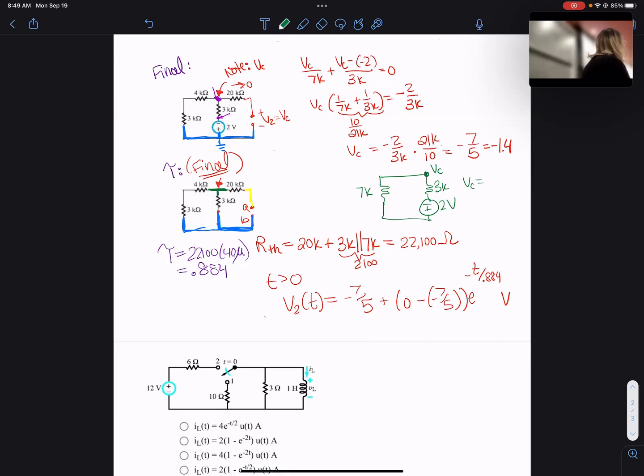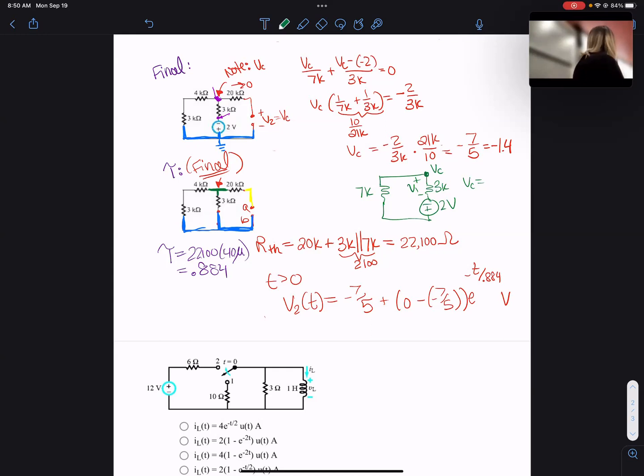What did you do? You could find that too, but if you found the 3K, the VC is going to be the voltage across 3K and the -2 volts. It sounds like you just found V1, because it's only across the resistor that you find that division.